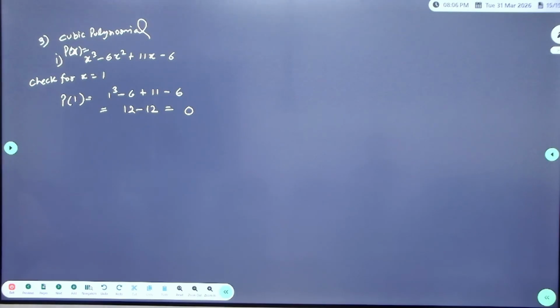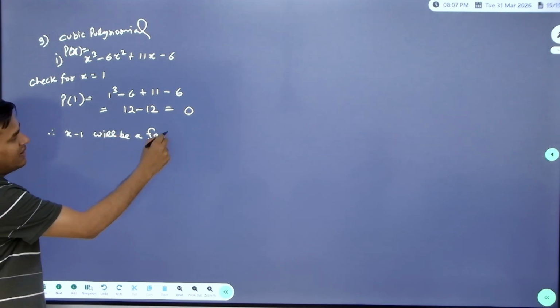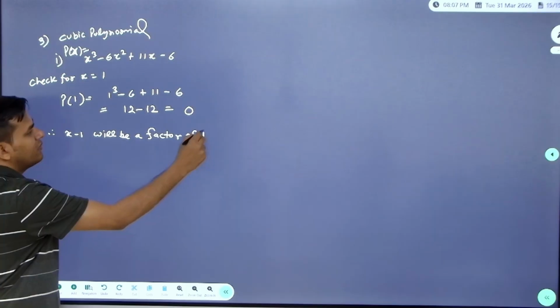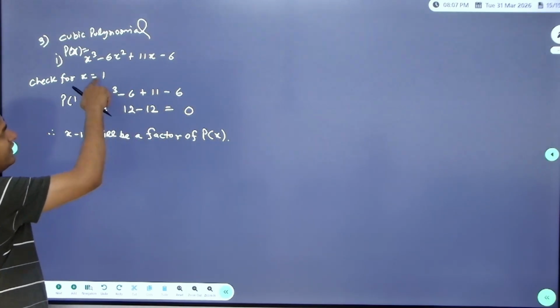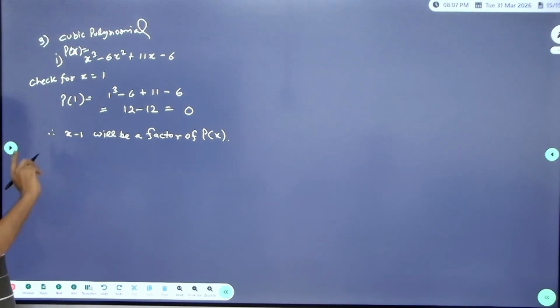Also, from the factor theorem you studied last year, if x equal to 1 is a root of this polynomial, then x minus 1 will be a factor of this polynomial. If here it is plus, then here it will be minus. If it is negative, then it will be positive. So x minus 1 will be a factor of P of x. One of the roots we identified with the help of the hit and trial method.